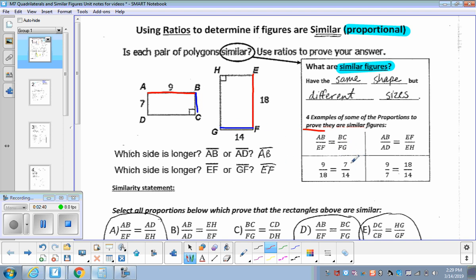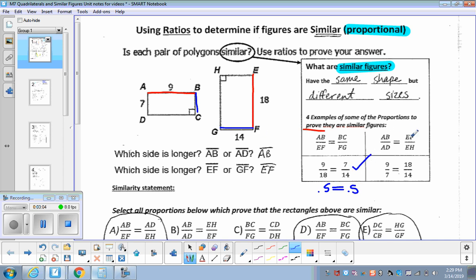So now with numbers, we want to check to see, is this in fact a proportion? I think you can easily see that 9 is half of 18, and 7 is half of 14, so both of these are 0.5, and since 0.5 equals 0.5, that would be proportional.